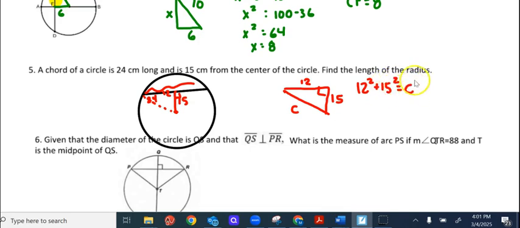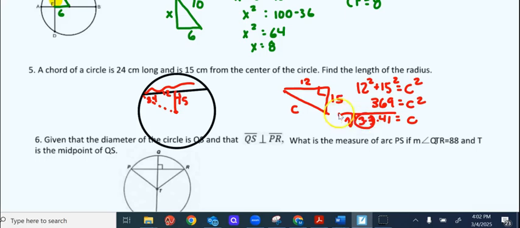We don't know the hypotenuse, that's the radius in this case. We're going to have to do some factoring out on this one. So c squared equals 369. We'll need to do the square root of 369, but when I did menu 2-3 in the calculator, I think it was a 3, 3, and a 41.